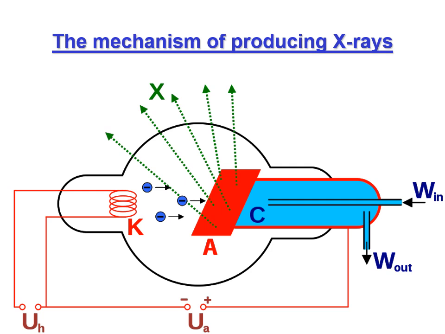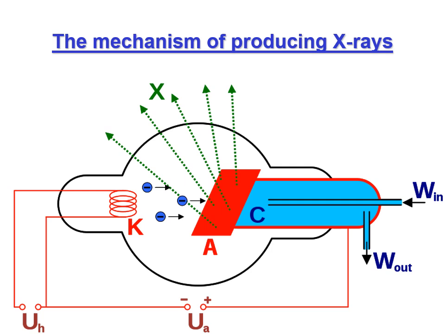Any current is a source of a magnetic field, but since we have a variable electric current here, it leads to the appearance of an alternating magnetic field, and according to Maxwell's theory, an alternating magnetic field leads to the appearance of an alternating electric field.